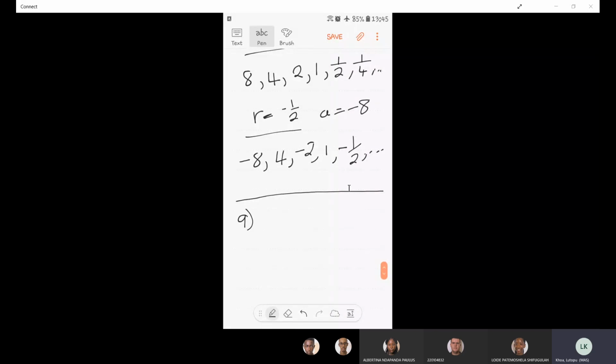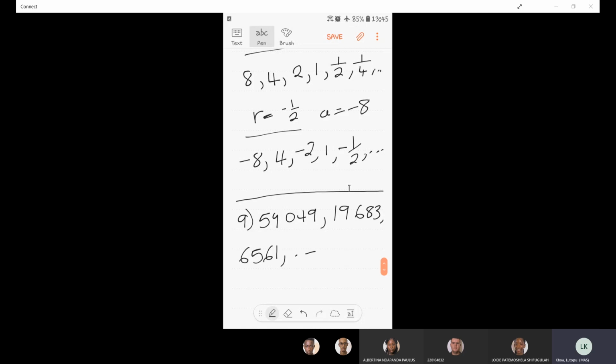Number 9, we are told that the first three terms of a GP are 59,049. Then comes 19,683, and then we get 6,561.